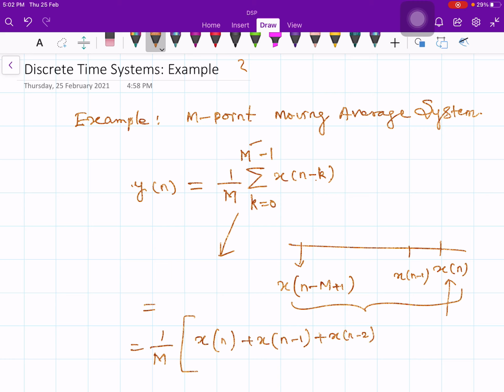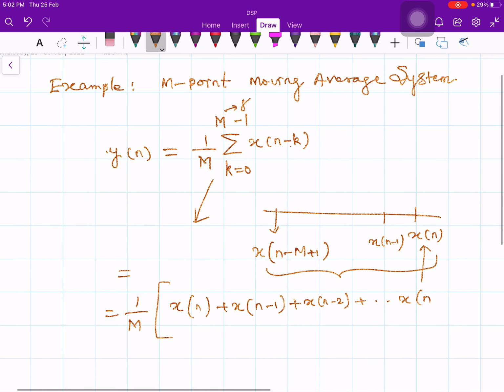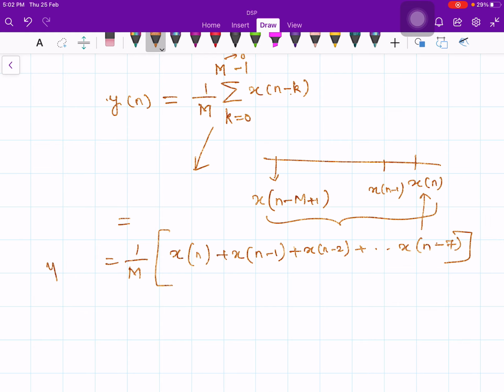Let's say M is equal to 8. So plus up to x of n minus 7. This is what you'll get, right? So this is my y of n.